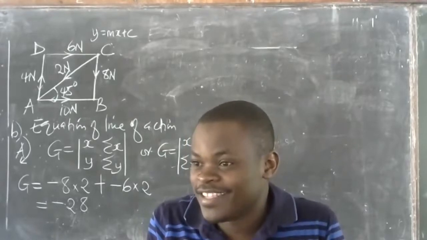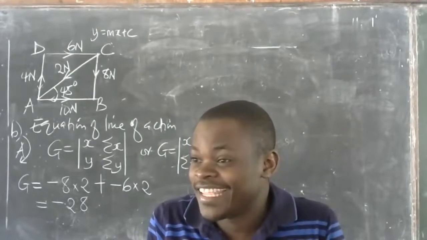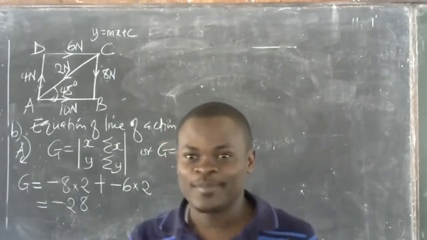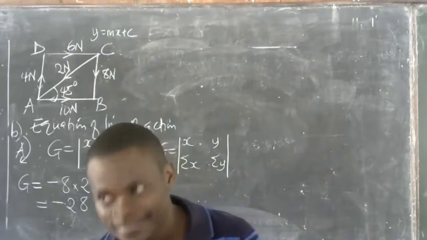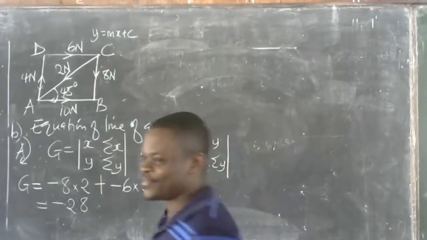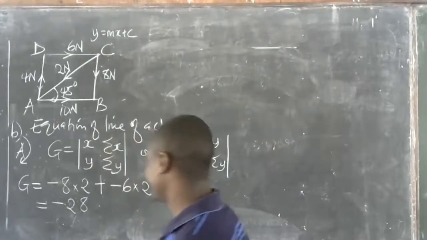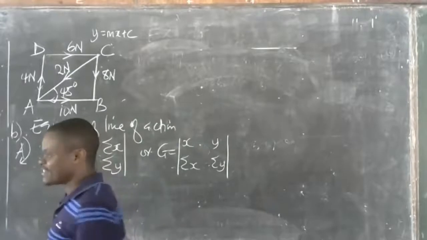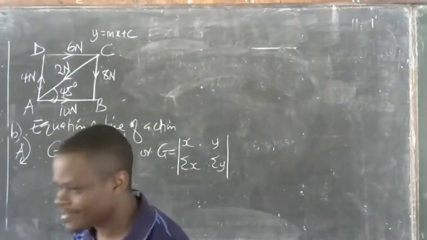It's J-I-L-A. Yeah. Why did you 8 or 6? I can't hear. I can't hear. Okay, let me repeat this.